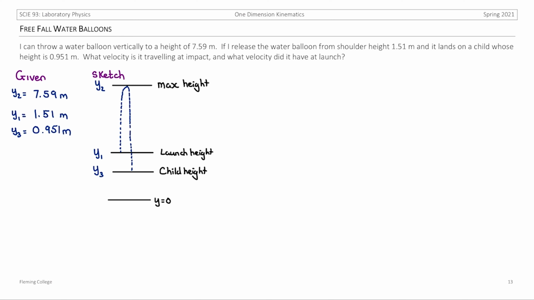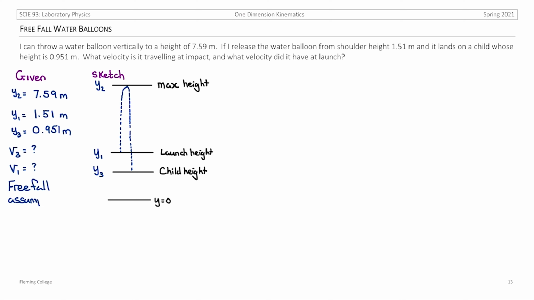And what are we asked for here? We're asked for the velocity at impact, so that would be the velocity at position 3, and we're asked for, in a second question, the velocity at launch, so that'd be the velocity at position 1. Well, what else do we know? We should be able to recognize that this is a free fall problem. As soon as I let go of this water balloon, the only thing acting on it is gravity.